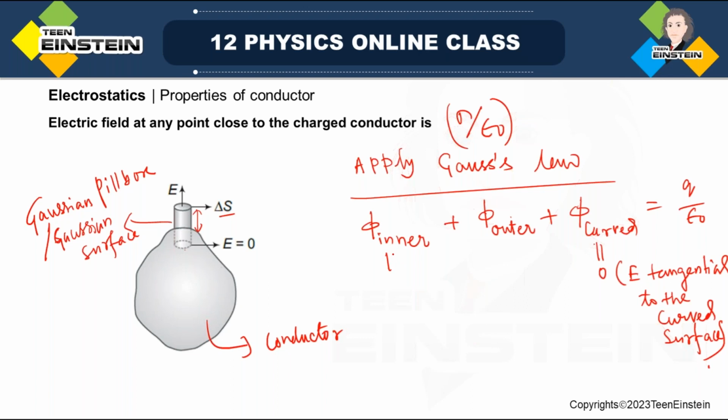What about the inner one? This is 0 because inside the conductor the electric field is 0. So the only contribution is the outer surface.